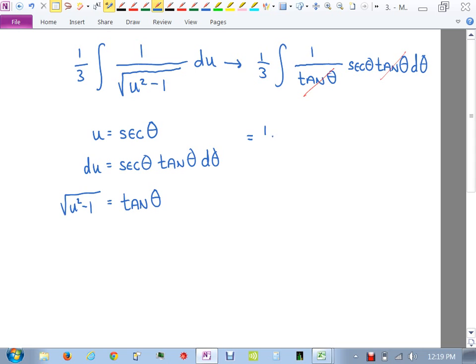So equals 1/3 integral secant theta d theta. Yeah, so natural log. Good, good. You've done enough problems to have that in there already, don't you? Good.